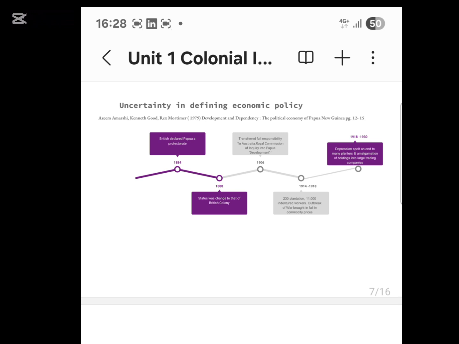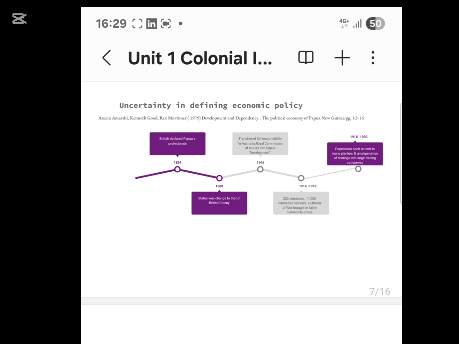So again here, let's start by looking at 1884. The British declared Papua Protectorate. The British came in to declare Papua Protectorate because of German influence in the New Guinea Islands, right? And as a result, to protect the British Empire's interest, which is Australia and New Zealand.